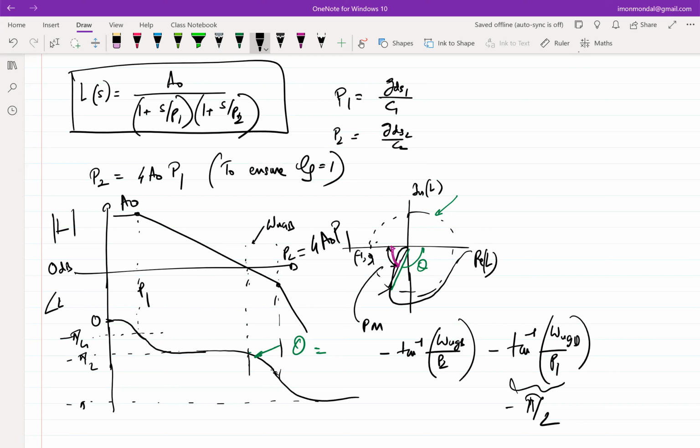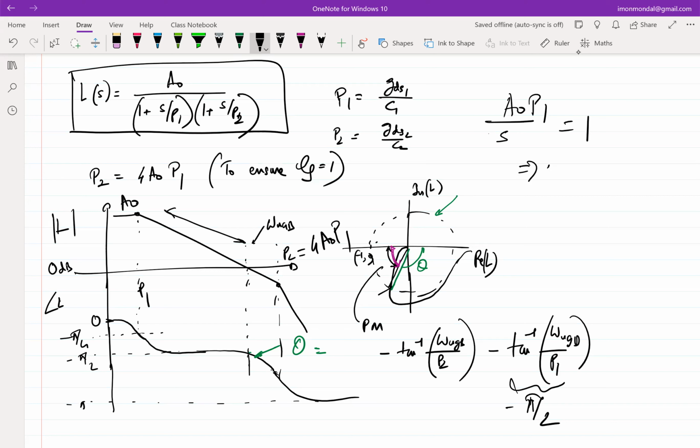So if I assume the UGB lies in this stretch of curve, then what is the equation of that stretch, or what is the expression of L of S? This will be A0 by 1 plus S by P1, but S is more than P1, so it becomes, and we set this to 1.